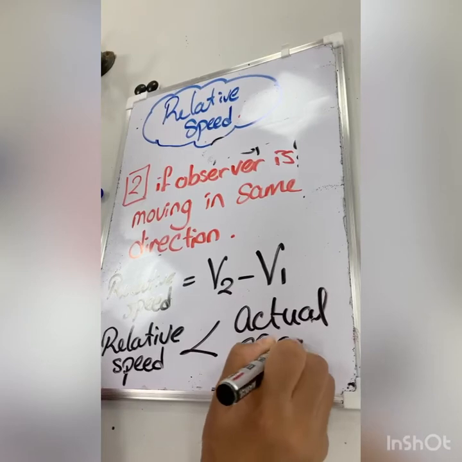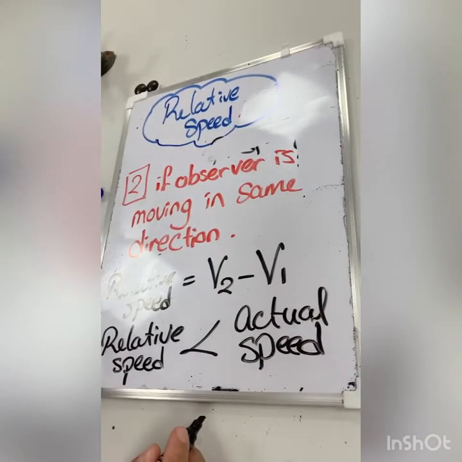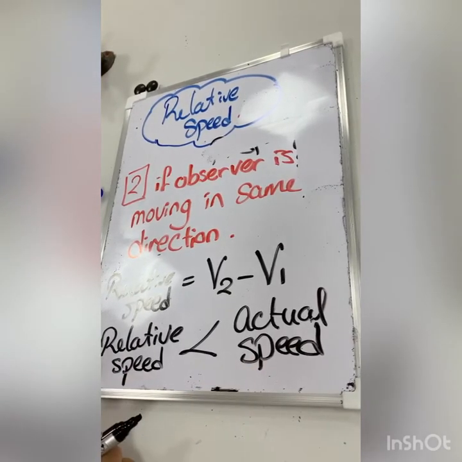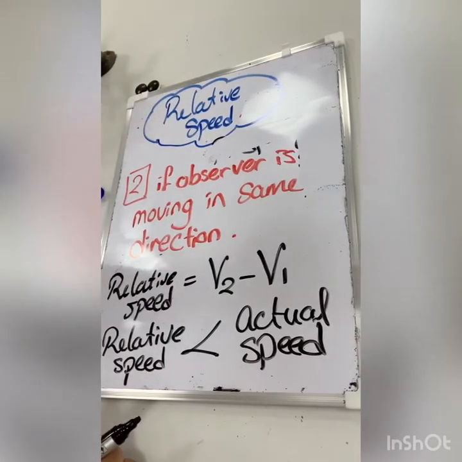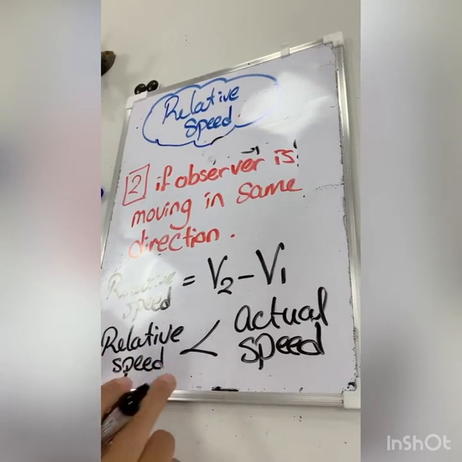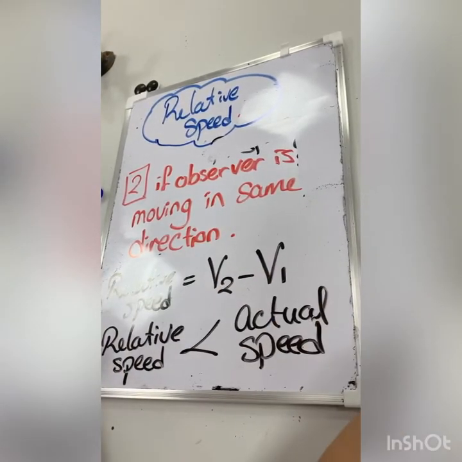So this is law number 2. Case number 1, if the observer is not moving or at rest, relative speed equals actual speed. While if the observer is moving but in the same direction, the relative speed will be lower than the actual speed. It will equal V2 minus V1.